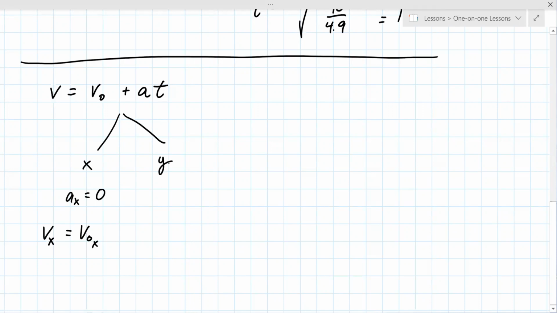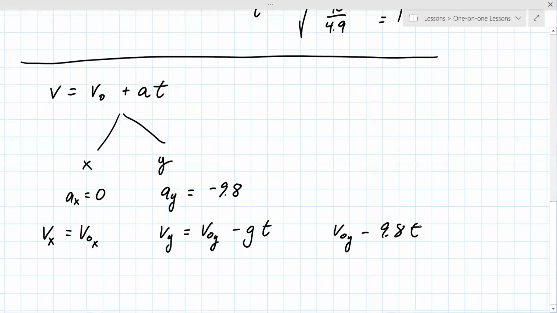But in the y direction, there is acceleration. It's gravity. It's minus 9.8. So in the y direction, the velocity is the initial velocity in the y direction minus gt, or sometimes it's written as v0y minus 9.8t. Your equation sheet goes plus gt, and then g is minus 9.8.